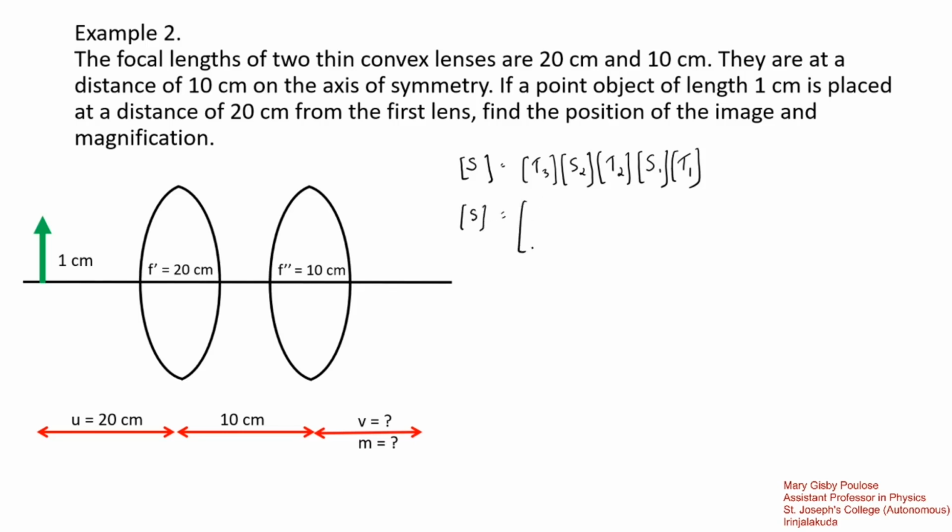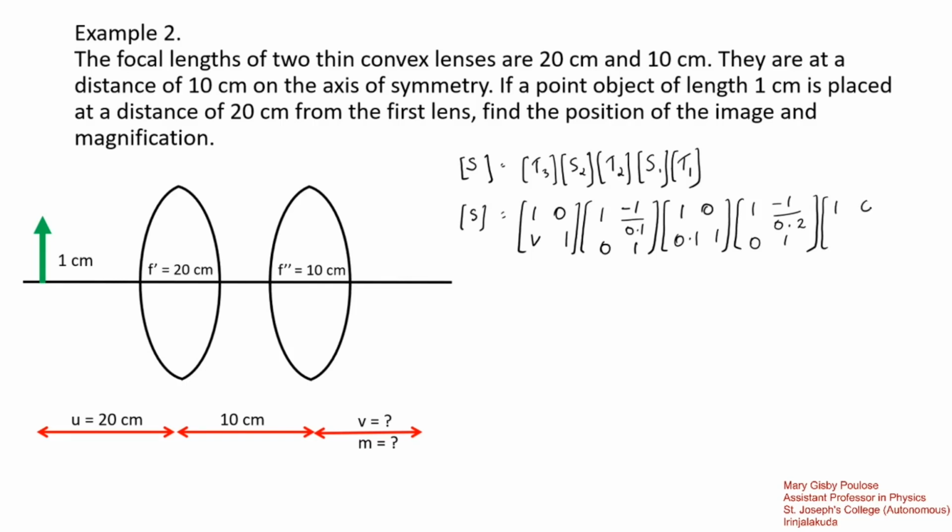We get 1, 0, V, 1 into 1, minus 1 by 0.1, 0, 1, and T2 is 1, 0, 0.1, 1. S1 is 1, minus 1 by 0.2, 0, 1, and T1 is 1, 0, 0.2, 1.